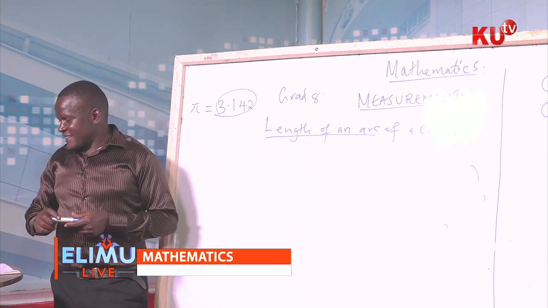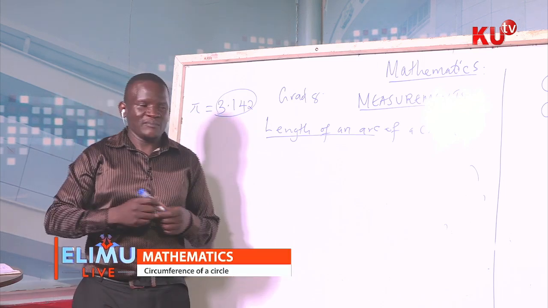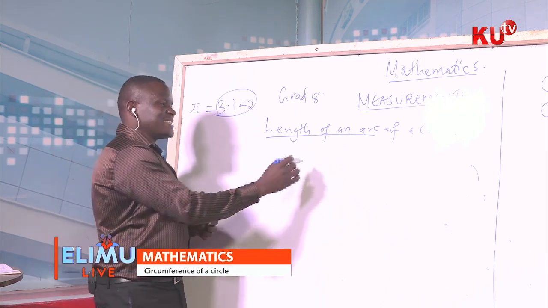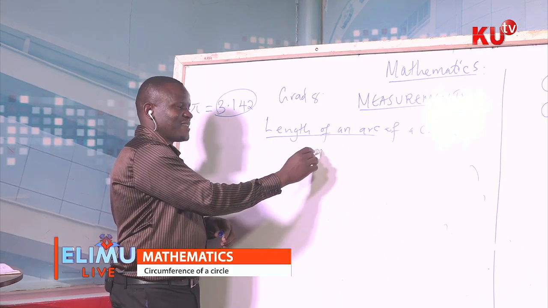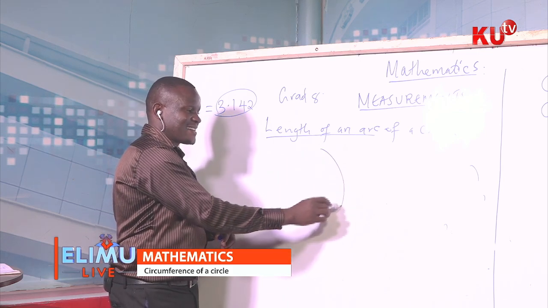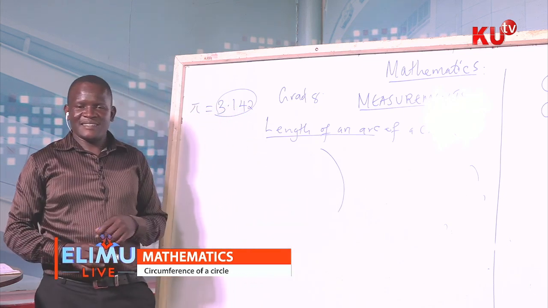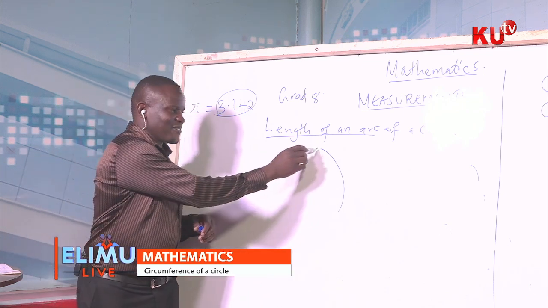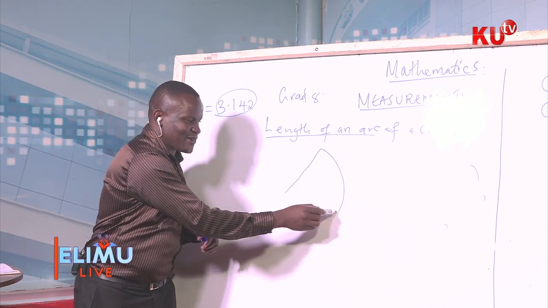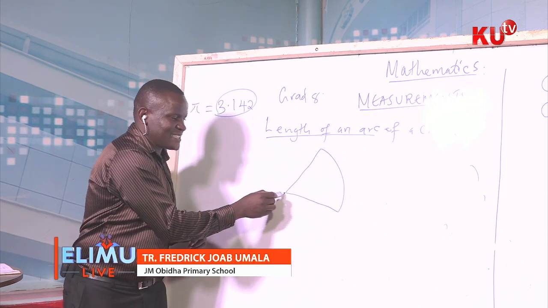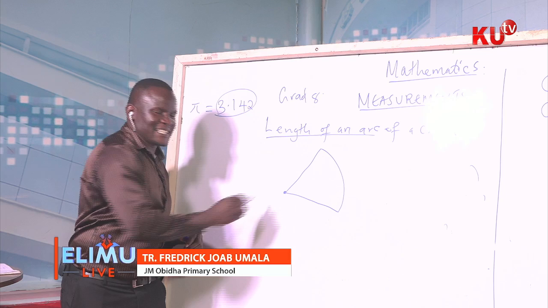The length of the arc may subtend. Maybe let's talk of this as our arc. The length of that arc may subtend a given angle to the center of the circle. This is the center of the circle.